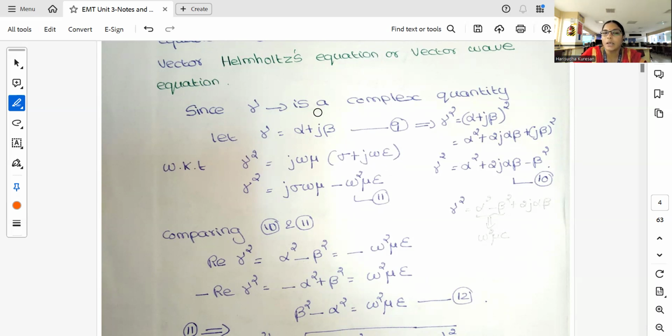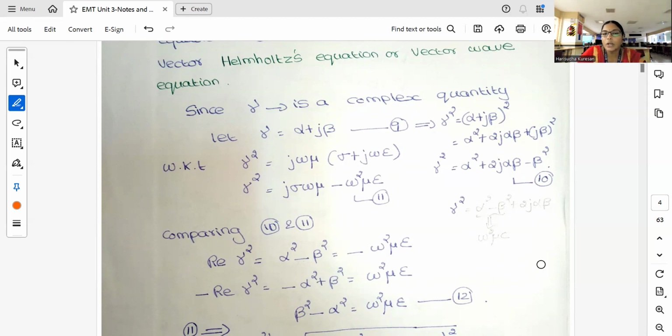So in this ninth equation, when you square it, what you will get, gamma square is equal to alpha plus j beta, the whole square. So when you expand it with the a plus b whole square formula, you will be getting alpha square plus 2j alpha beta minus beta squared. So therefore, this gamma square will be equal to j sigma omega mu minus omega square mu epsilon.